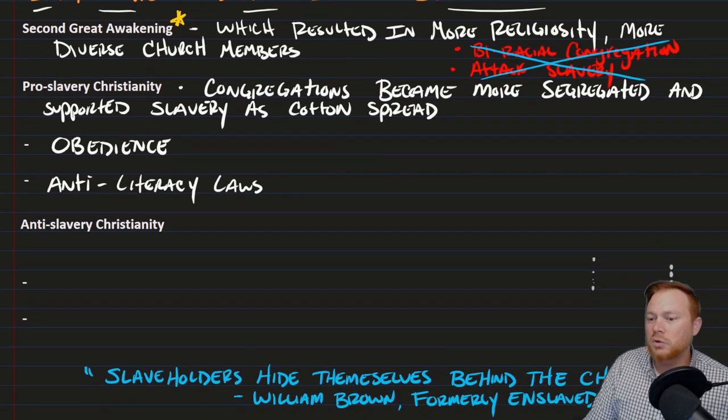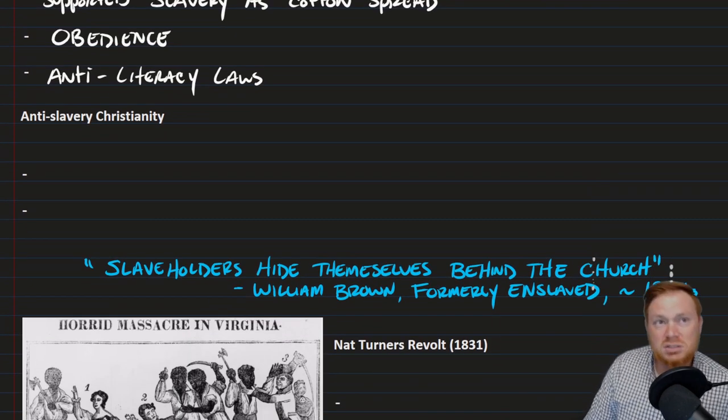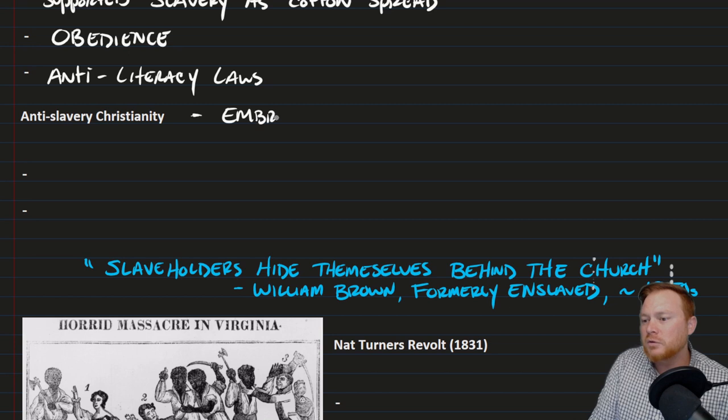But as time goes on, it's not just about a forced conversion. To some degree, you could say that enslaved people were forced to convert to Christianity, but the reality is that there's a lot of messaging in Christianity that was especially relevant and had an appeal amongst those who were enslaved.